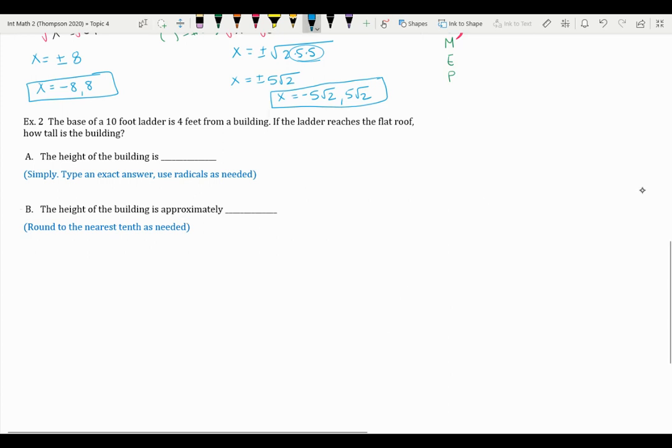So the base of a 10-foot ladder is 4 feet from a building. I need a building. All right. I don't know why I can't get that to go straight down, but let's pretend like it does.